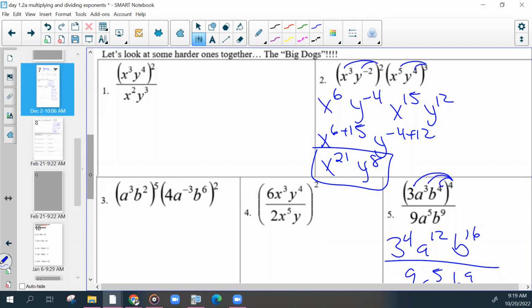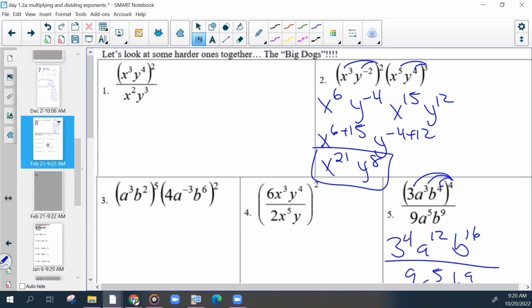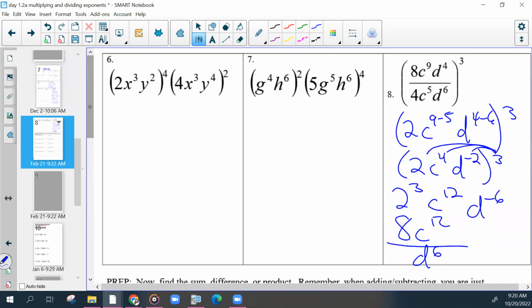Other ones, 1, 3, 4, 6, or 7 from this. Seven. Right, and this is kind of what we were just doing, but now G and H, but that's the same thing. This one has a number though. So same thing, multiply your exponents to all of your exponents. You need to put in that there's a 1 for 5.